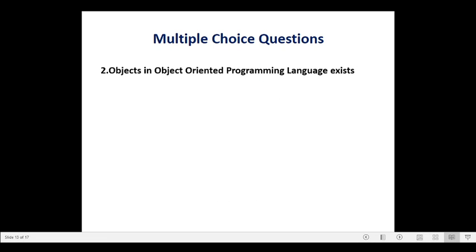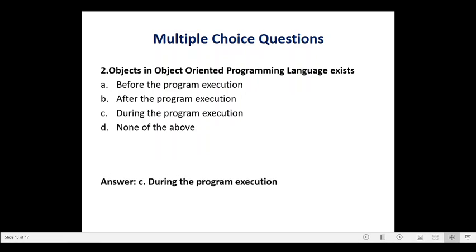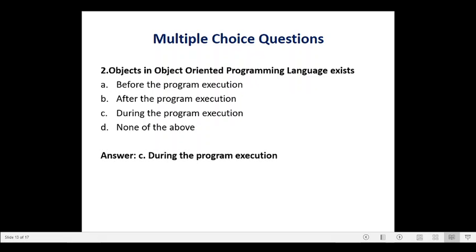The next question is, objects in an object-oriented programming language exist before the program execution, during the program execution, none of the above, or after the program execution. Yes, let's recall, we discussed this. It exists only during the program execution.